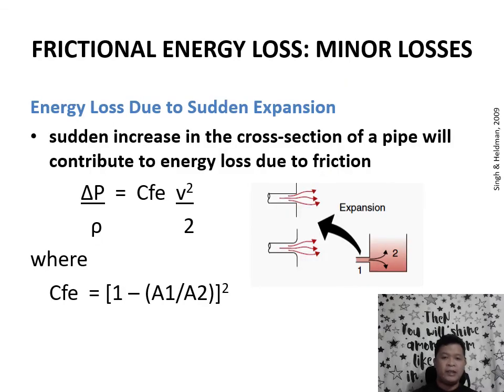So pag nag-expand naman, nag-reverse ka ng situation, ganun din na may energy losses ka pa rin due to friction. And in this case, the CFE mo is simply 1 minus the ratio of the areas where A1 is the smaller area and A2 is the larger area.